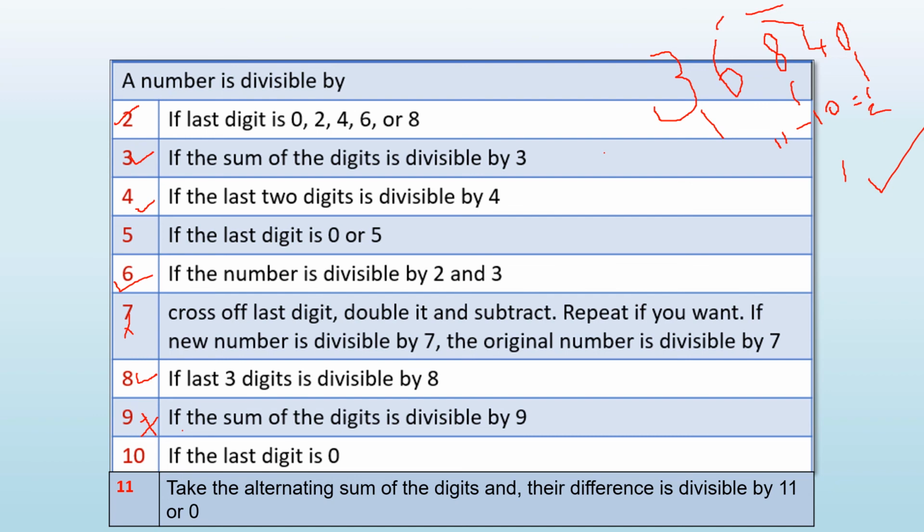That means you have to get the difference as 0 or a multiple of 11, then only is the number divisible by 11. So, 36,840 is not divisible by 11. So, it is easy to do with these rules. I hope you all understood the divisibility rules of numbers from 2 to 11.